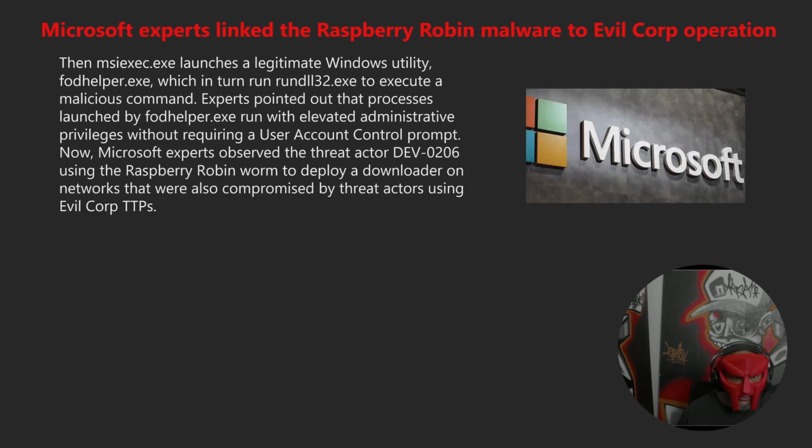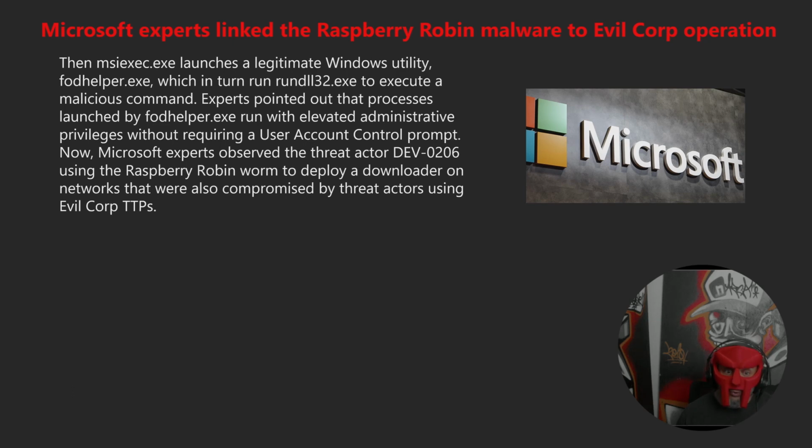Then msiexec.exe launches a legitimate Windows utility, fodhelper.exe, which in turn runs rundll32.exe to execute a malicious command. Experts pointed out that processes launched by fodhelper.exe run with elevated administrative privileges without requiring a user account control prompt.